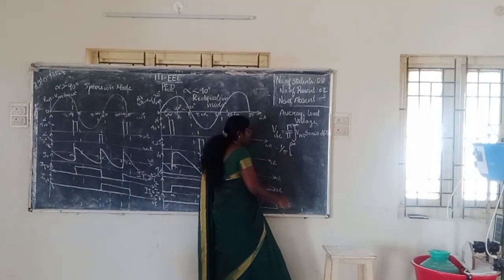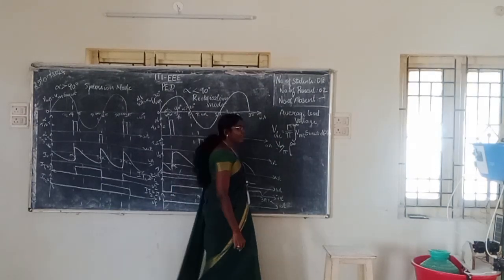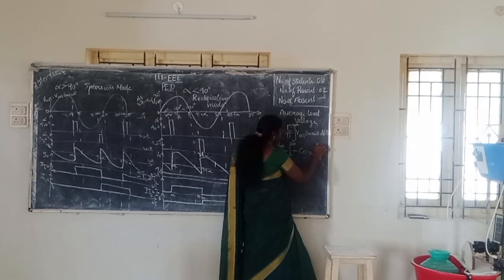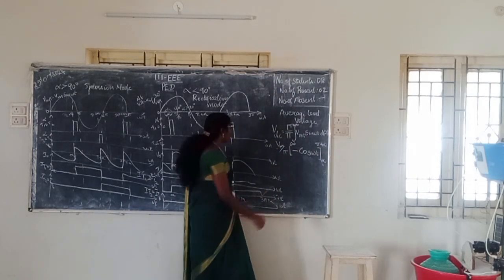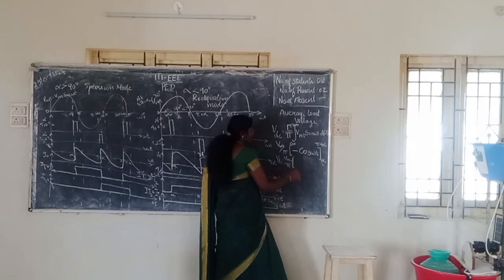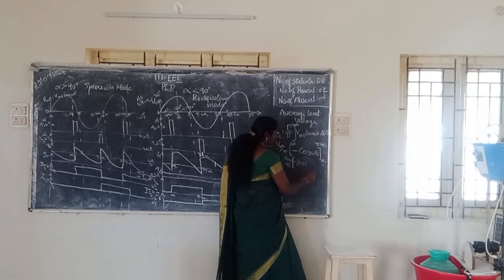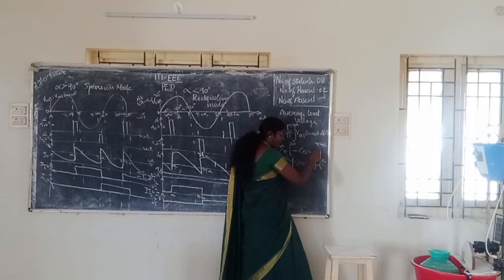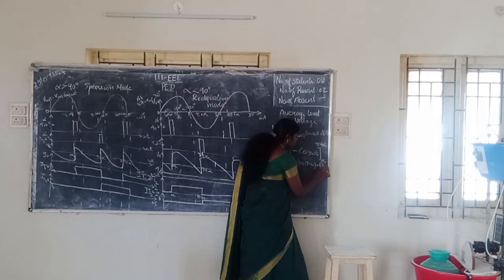Next, 1 by pi. If I integrate, I can take Vm outside, right? Vm is constant, so it becomes Vm by pi. If I integrate sin omega t, it is minus cos omega t with limits from alpha to pi plus alpha. Substituting the limits, upper limit minus lower limit: minus cos of pi plus alpha minus minus cos alpha.